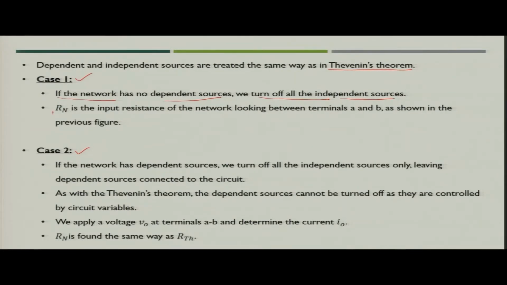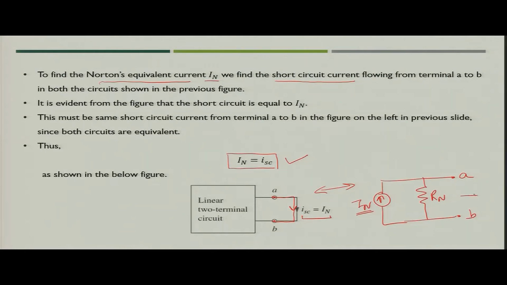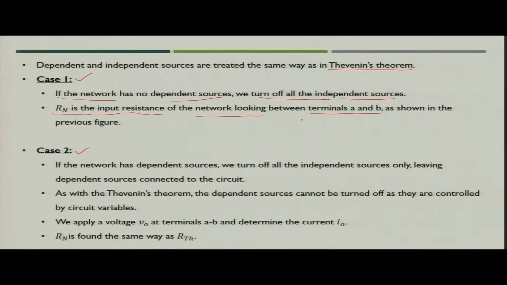Now, what would be the value of Rn? Rn would be nothing but the input resistance of the network looking between the terminals A and B, as we saw in the previous figure.